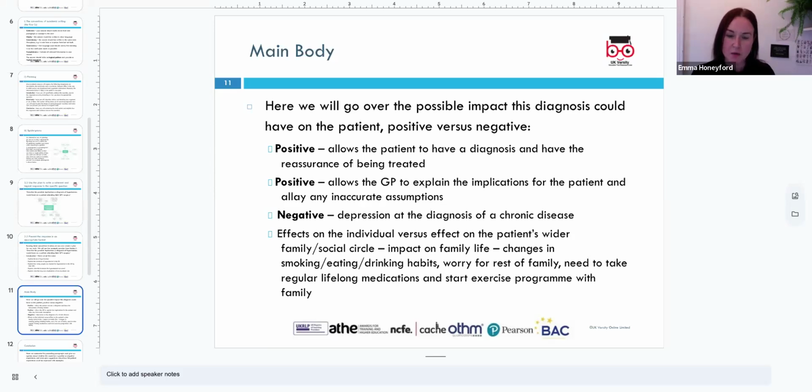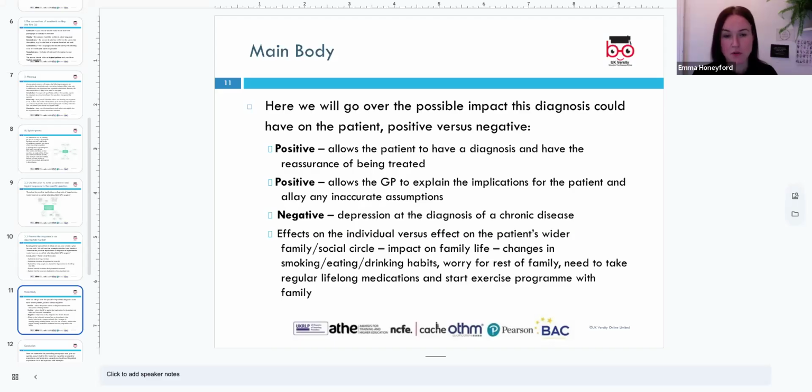Another positive is that it allows the GP to explain the implications for the patient and allay any inaccurate assumptions. A potential negative impact could be that it could cause depression at the diagnosis of a chronic disease. It could be really triggering for the patient and give them a negative feeling.